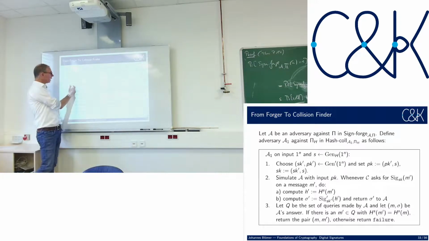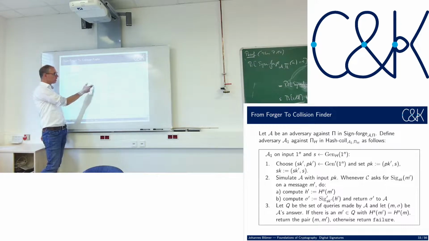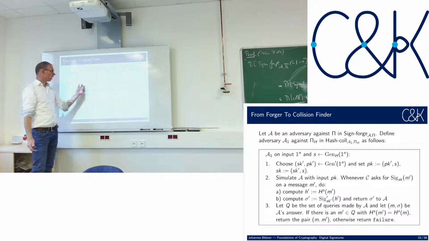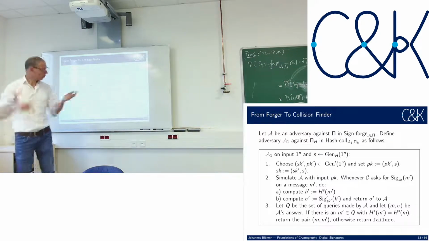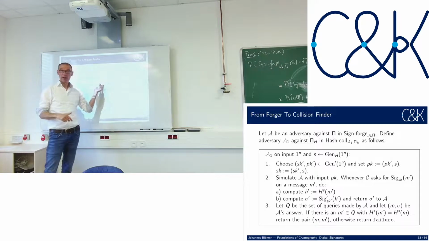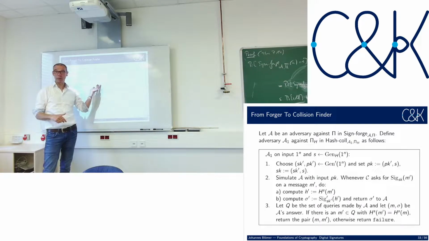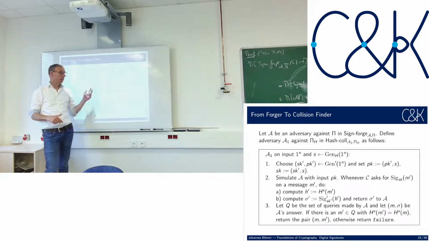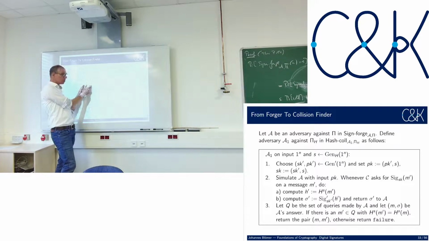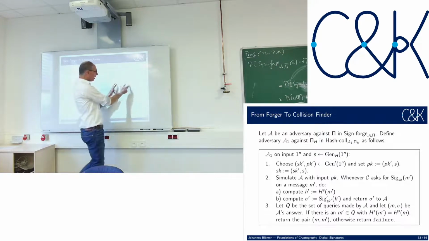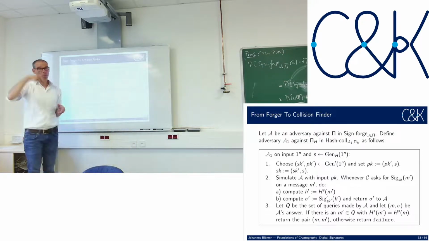Then it chooses SK prime, PK prime for the pi prime itself using the correct key generation. And then it extends this key for the hash function using this pair, a public key, secret key pair for pi.